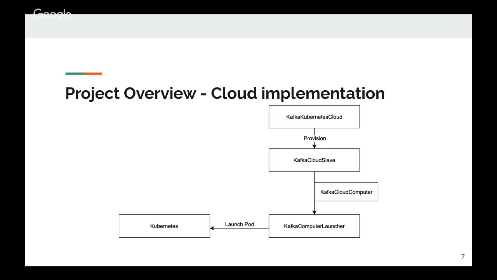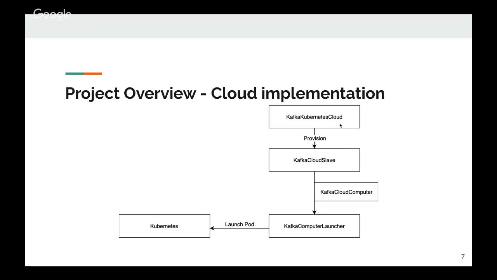This is a diagram of the cloud implementation. When a user needs to start a job, if there's no node with a corresponding label present, Jenkins will ask the cloud to provision a new node.